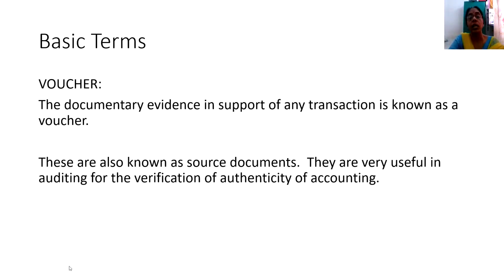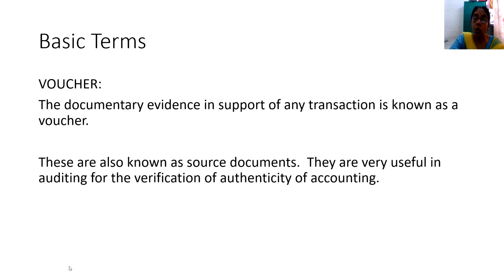So, these vouchers are also referred to as source documents. Meaning, in case of any verification of the accounts to be done, supposing you suspect any kind of fraud or any kind of suspicion in the business transaction, these vouchers act as a supportive document in order to clear those suspicions.